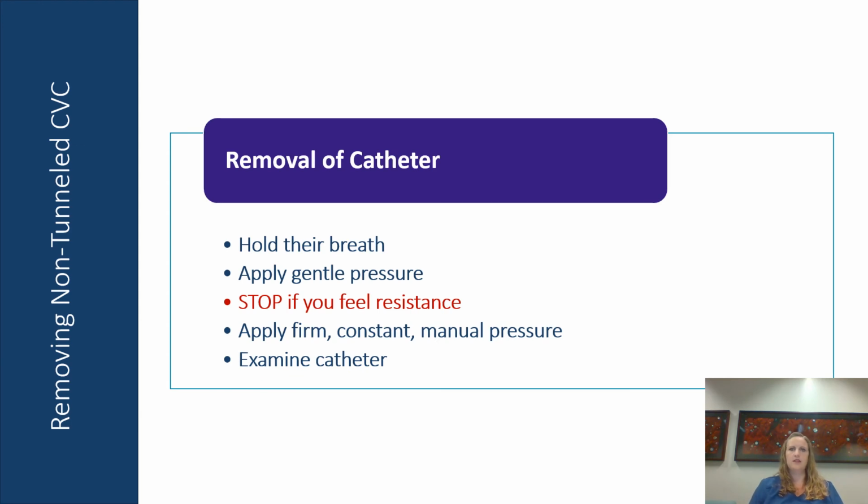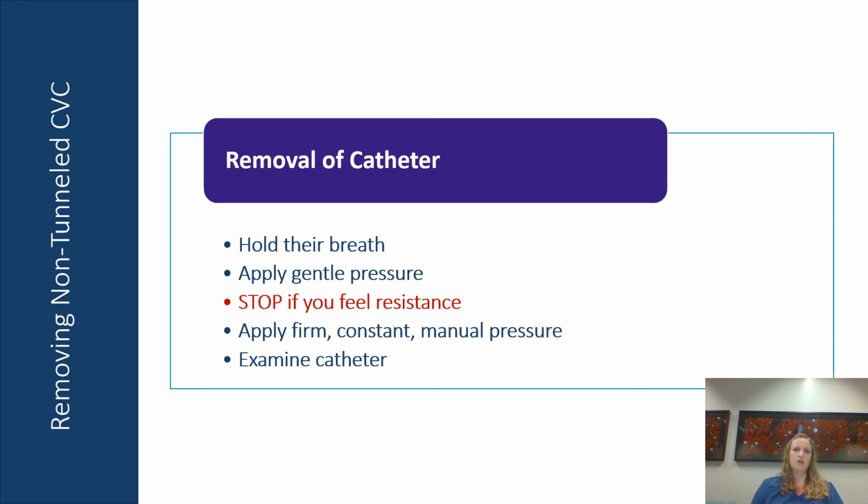The next step is the actual removal of the catheter. You're going to want to instruct the patient to hold their breath, to exhale slowly, or to hum as that catheter is gently withdrawn. If the patient is not able to do any of these items, then you're going to want to remove the catheter during exhalation. All of this is done to help prevent that air embolism from occurring.